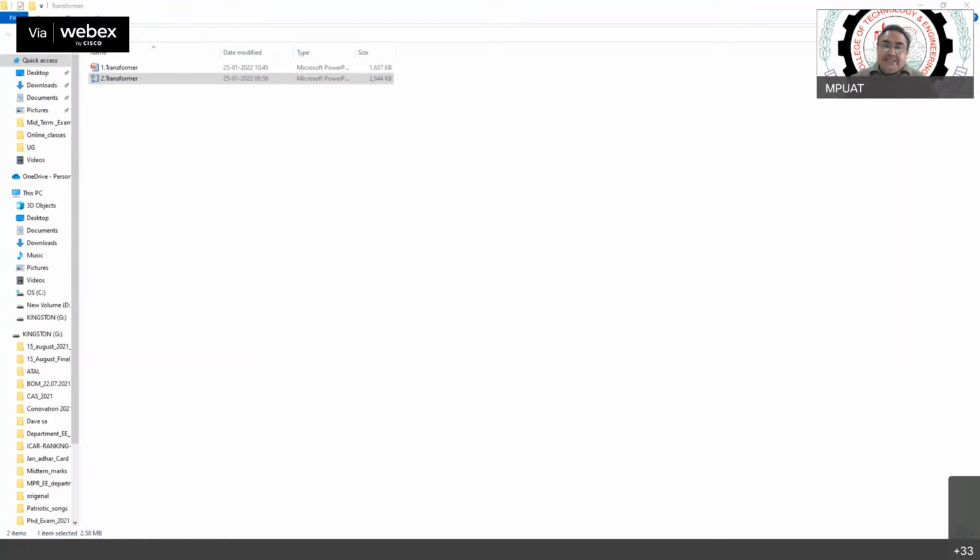So in mathematical form, I can write the induced EMF on the primary side. The induced EMF on the primary side is minus N1 times the rate of change of flux. The minus is because it always opposes the cause. N1 is the number of turns on the primary winding.